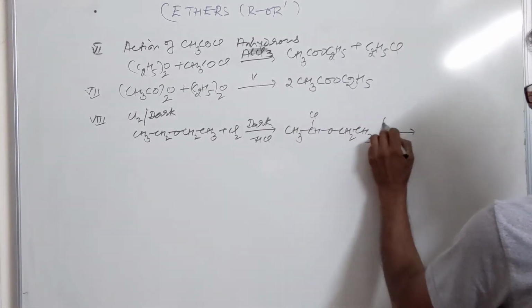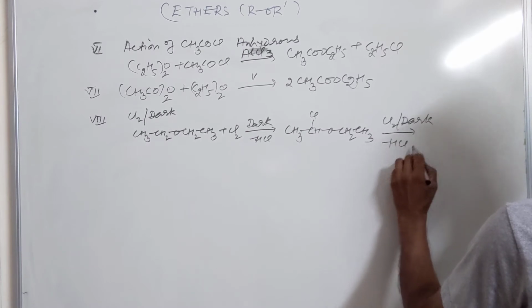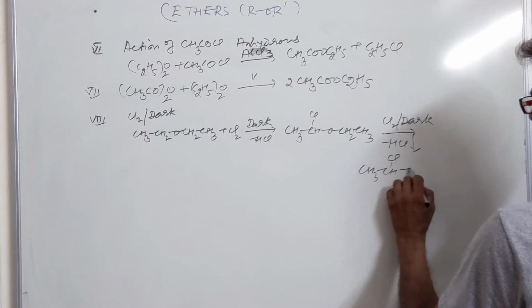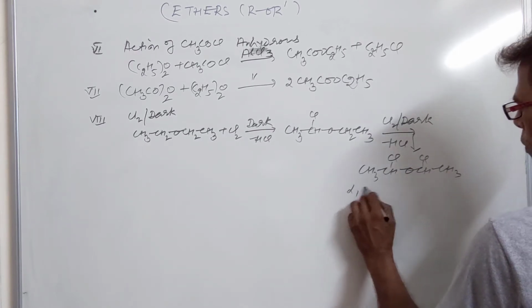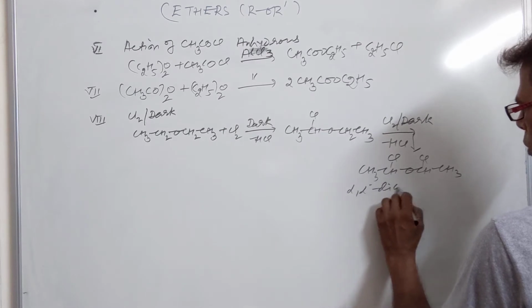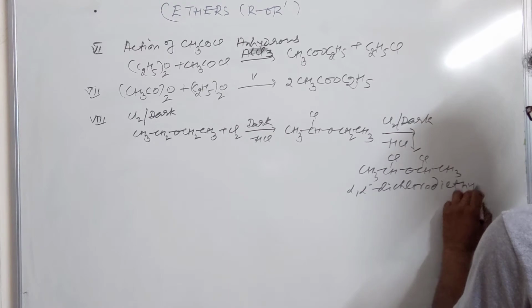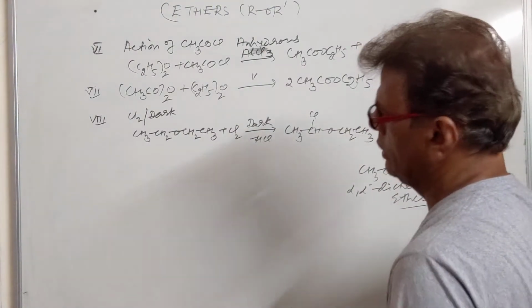This is further treated with Cl2 in dark, again with loss of HCl, and the product is alpha alpha dichloro diethyl ether. So this is in dark.